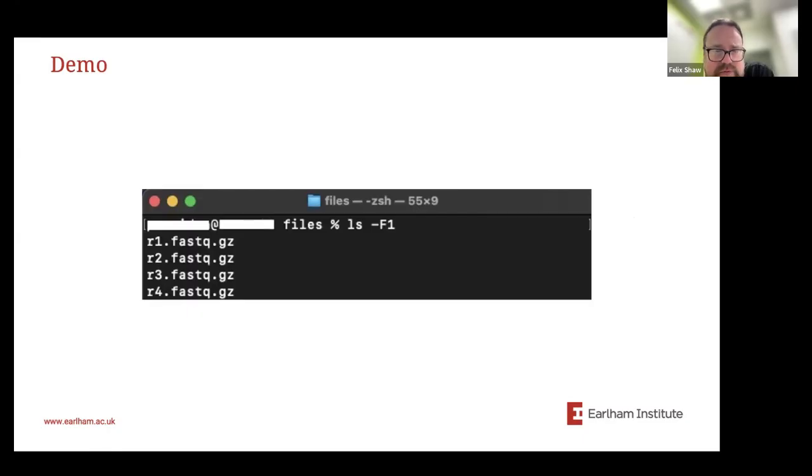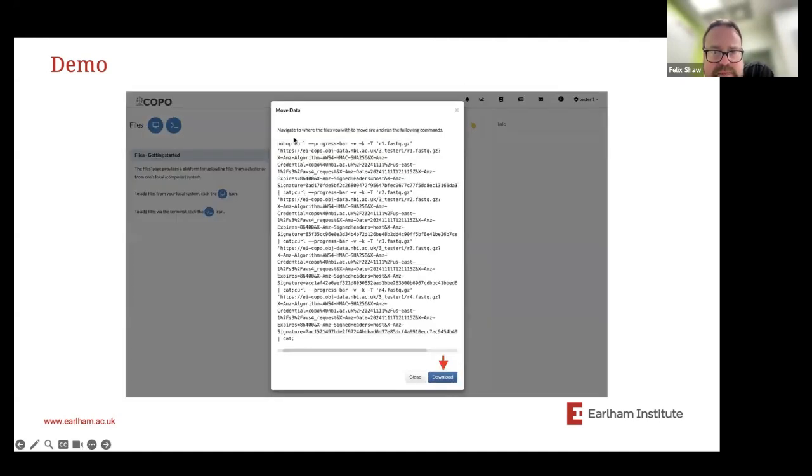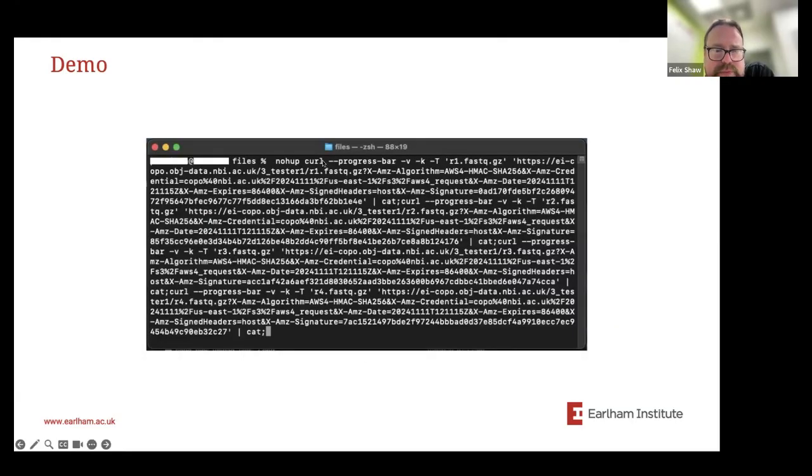Type ls -f1, get a readout of the files that I want to transfer to Copo, copy and paste them in here, click process, and it gives us a long curl command with all the associated security details that are required to make things work. You copy and paste that into your terminal window and press enter.